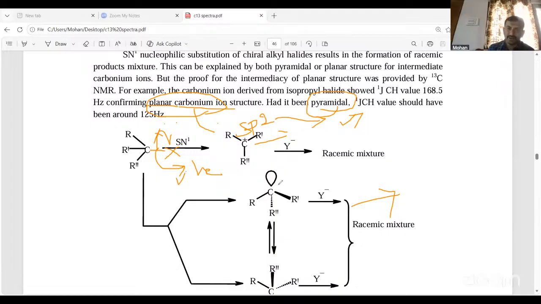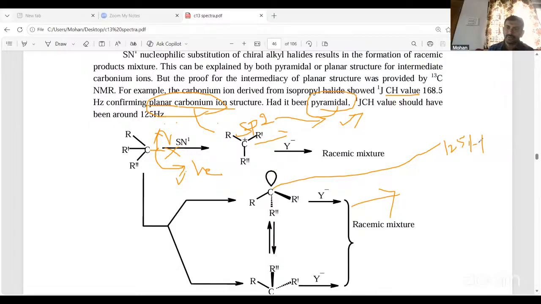where this carbon is showing the value 125. This one, 125, delta ppm or J value. Just, they have mentioned the J values here, meaning the coupling constant value. The J value is 125 hertz.